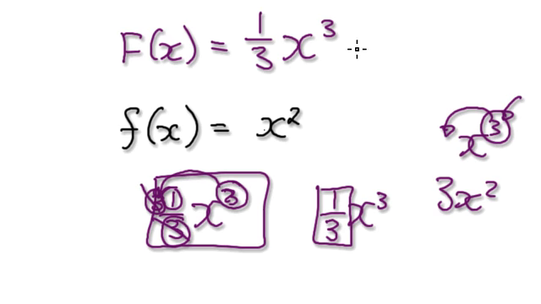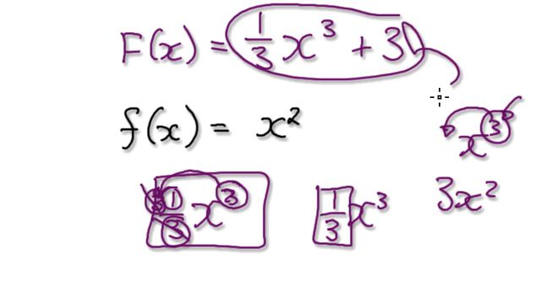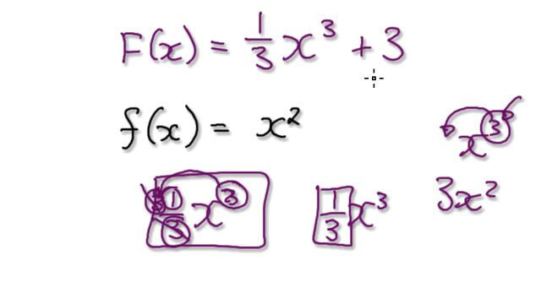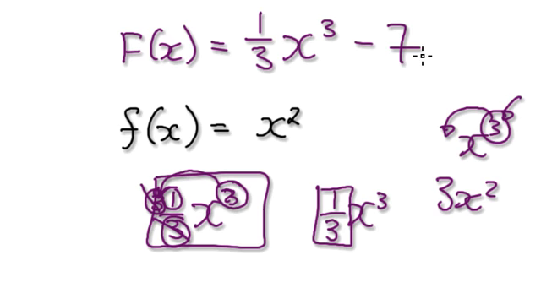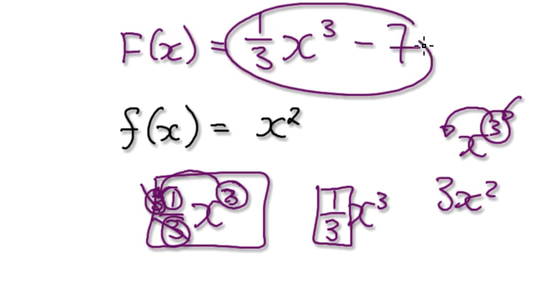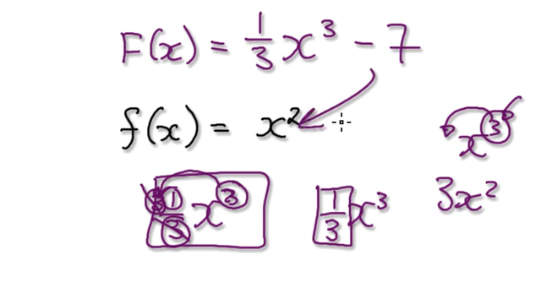Okay. But when you differentiate this whole thing plus, let's say, 3, it will also give you this. If you differentiate this whole thing minus 7, the whole thing will also give you x squared.